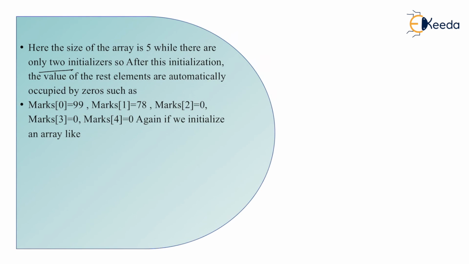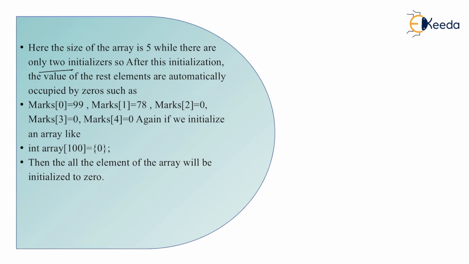Once again, when we initialize the array like int array[100] is equal to 0, then all the elements of the array will be initialized to 0.